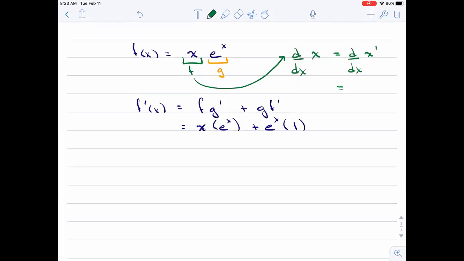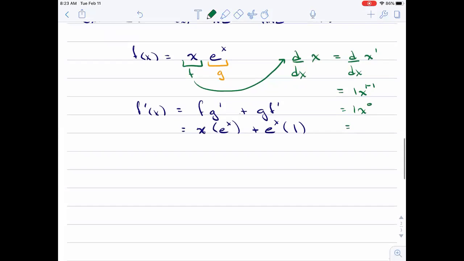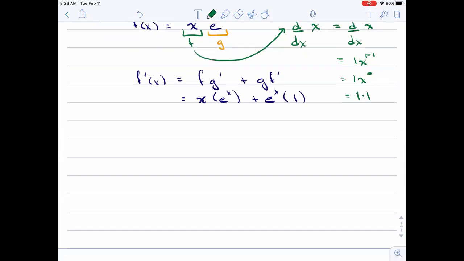By the power rule, that's going to be 1 times x to the power of 1 minus 1, which is 1 times x to the power of 0. Anything to the power of 0 is just 1. 1 times 1 is 1. We proved it. Done.